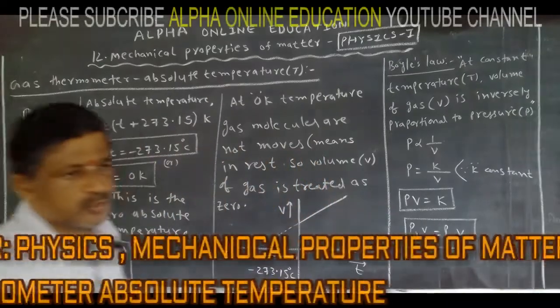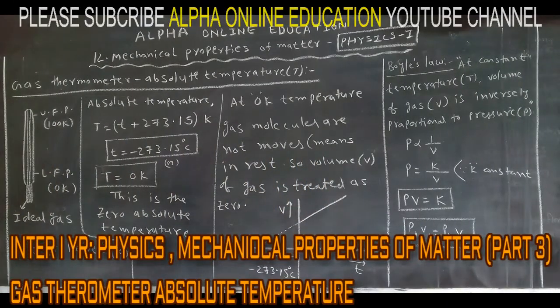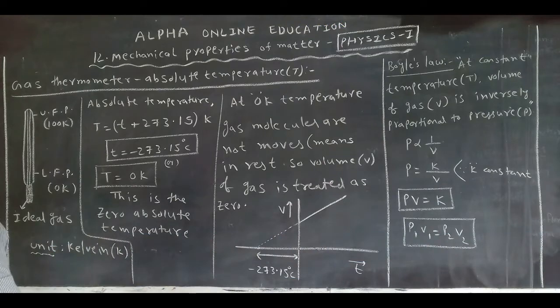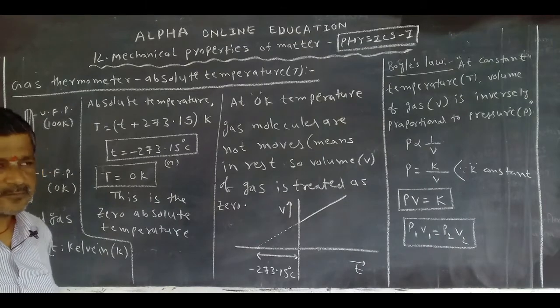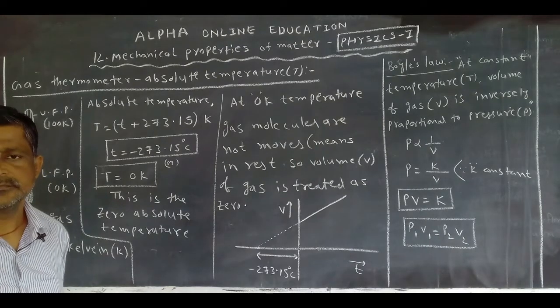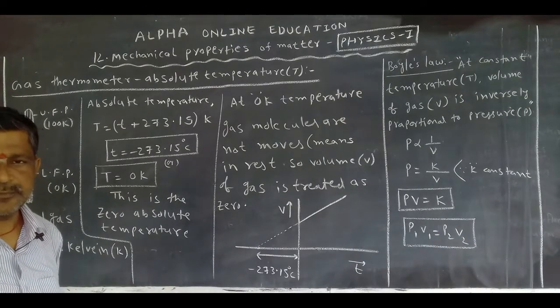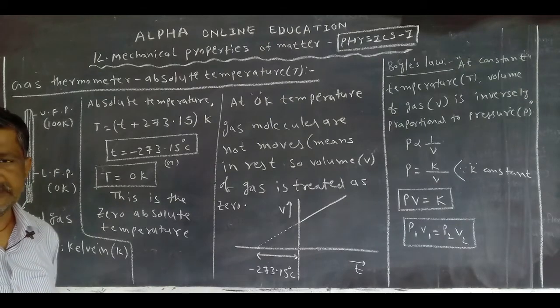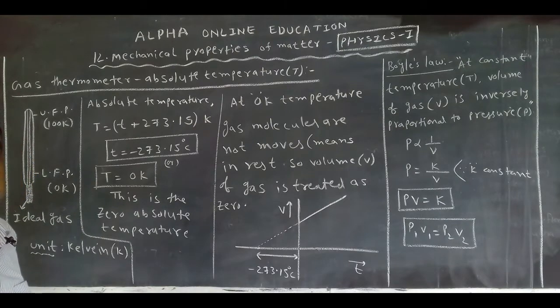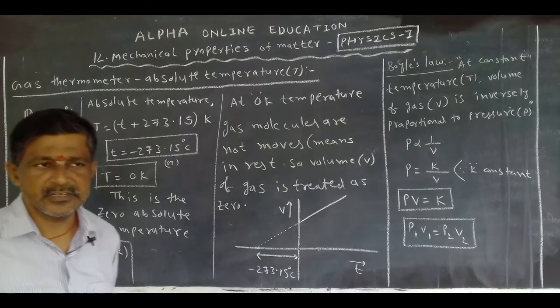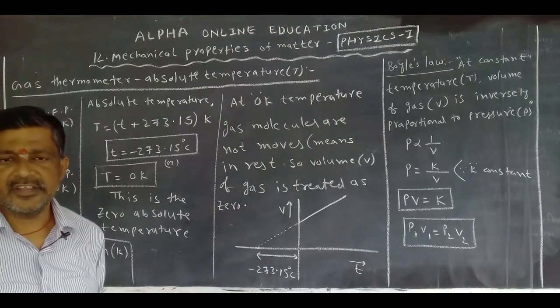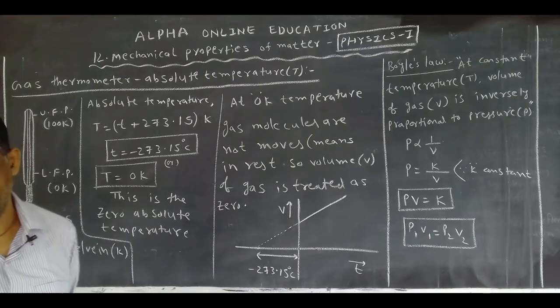There are two types of thermometers. The first one is the liquid thermometer, the second one is the gas thermometer. In the last class we studied two liquid thermometers: the Celsius thermometer and the Fahrenheit thermometer.